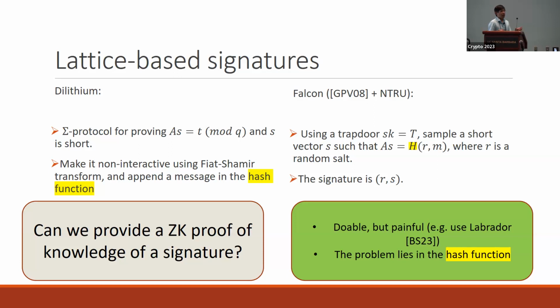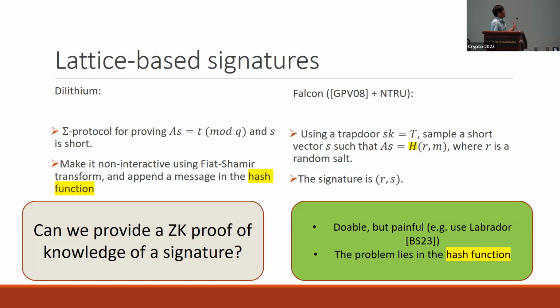And the second thing, maybe from a theoretical point of view, we can see that there is kind of a mismatch between the security of the signature and the zero knowledge proof, because in both of these schemes, the unforgeability is in the random oracle model. So the hash function is a random oracle.